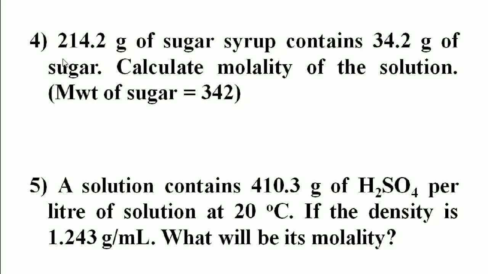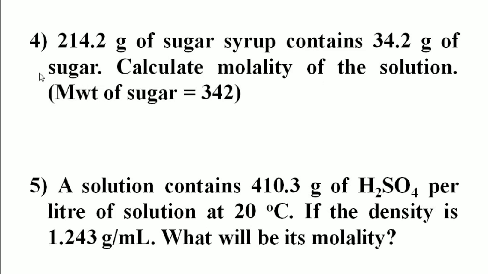Next problem. 214.2 grams of sugar syrup contains 34.2 grams of sugar. Calculate the molality of the solution. The molecular weight of sugar is given as 342 grams. In this problem, the solute is sugar.